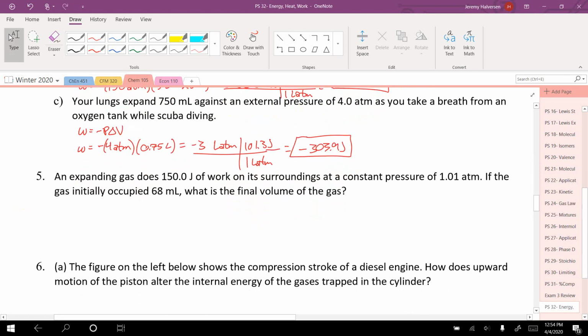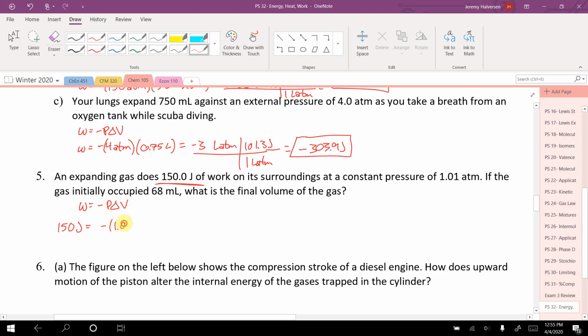And here we have another opportunity. An expanding gas does 150 joules of work on its surroundings at a constant pressure of 1.01 atmospheres. The gas initially is 68 milliliters. What's the final volume? Okay, so we have work equals negative pressure times change in volume. But in this case, they give us the work, 150 joules.